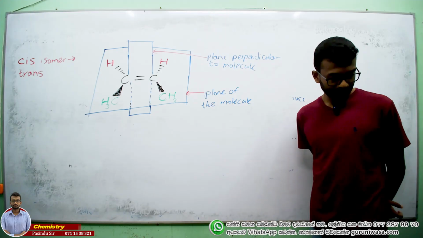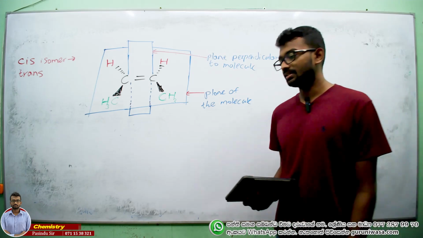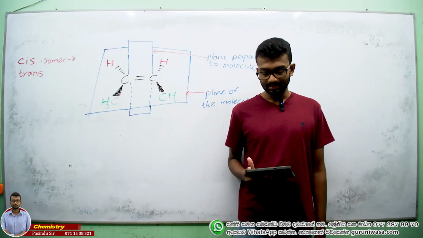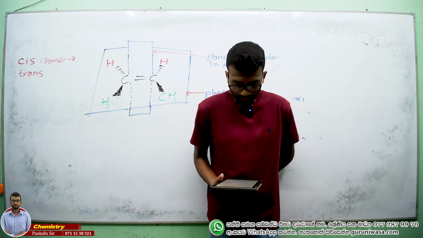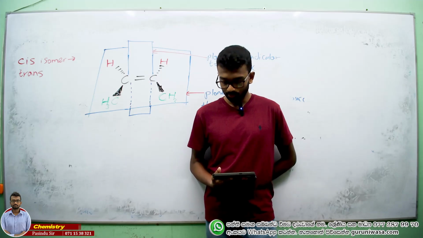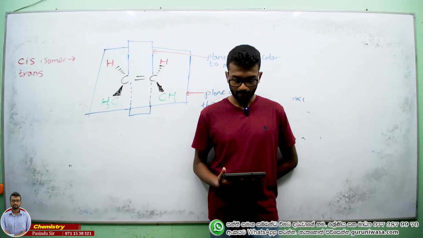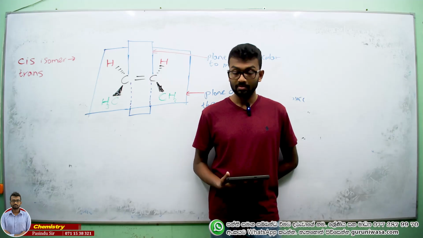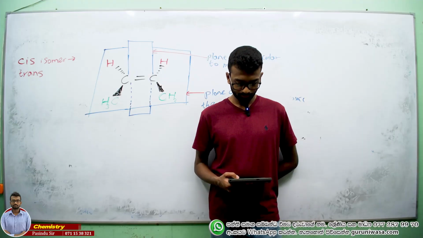Cis-trans arrangement described the relative position of two groups attached to different carbons in the same CC double bond, right?